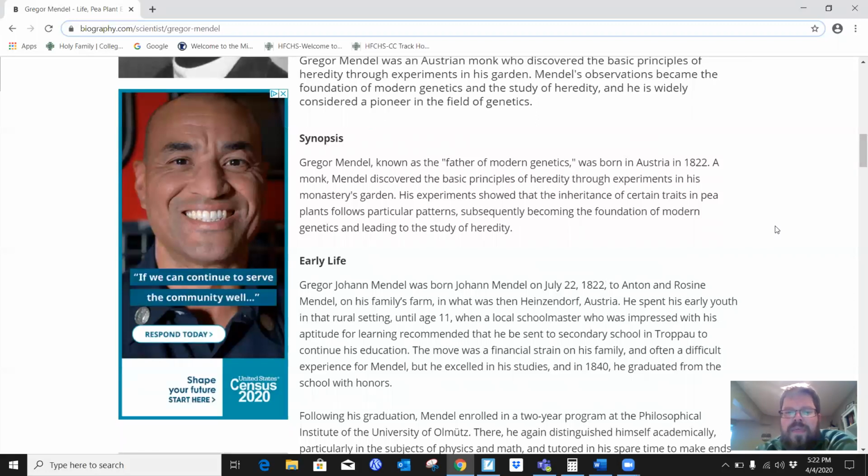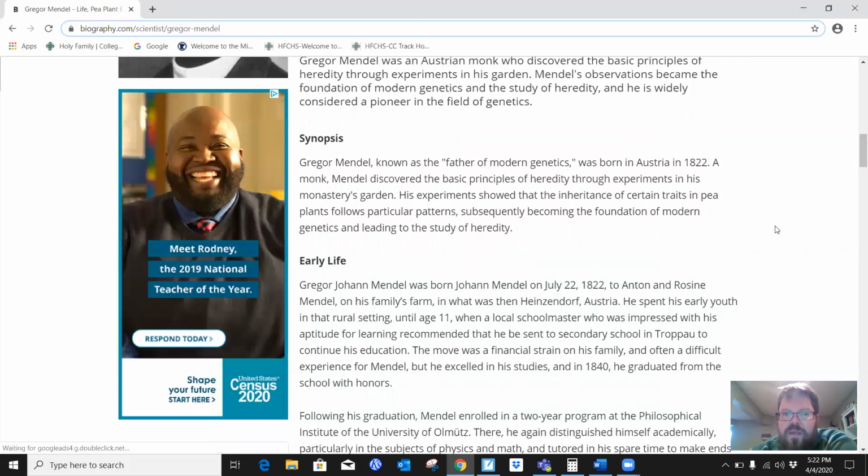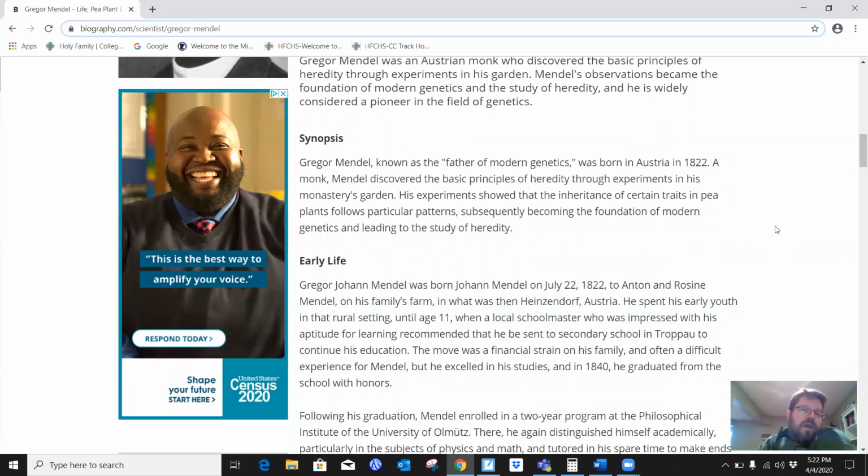He saw things happening and saw that there might be some reasonable explanation for that. He tested it, was very meticulous in his testing method and very meticulous in his record keeping, and ultimately was able to assemble these basic laws or scaffolding pieces that really govern modern genetics to this very day.